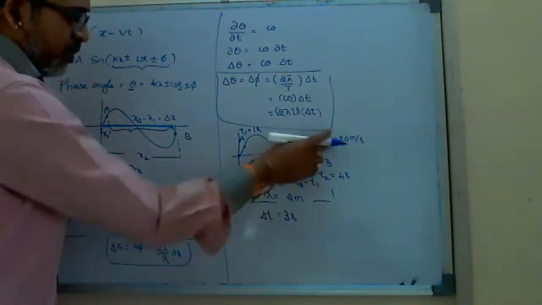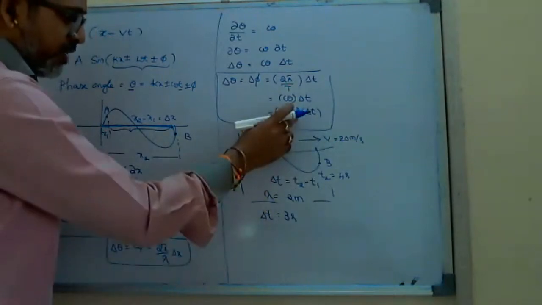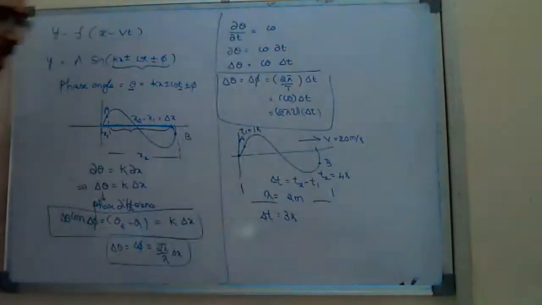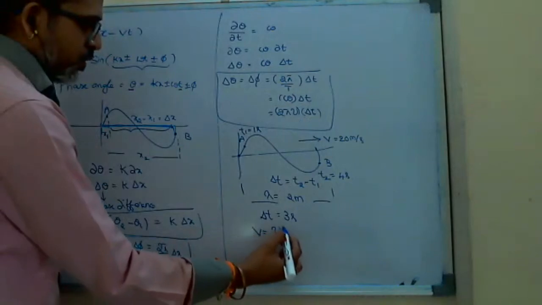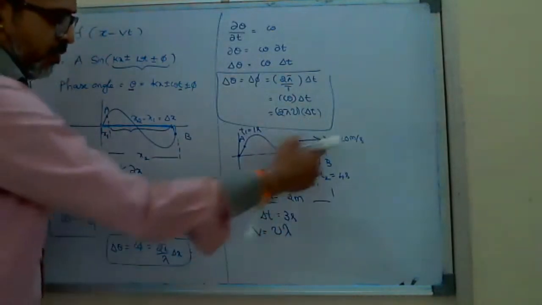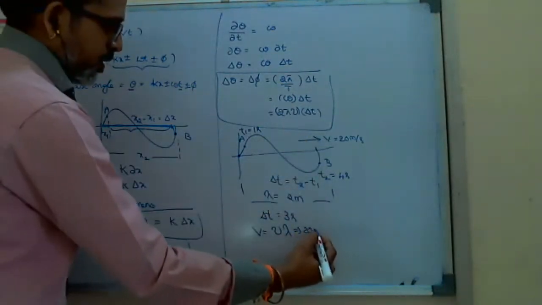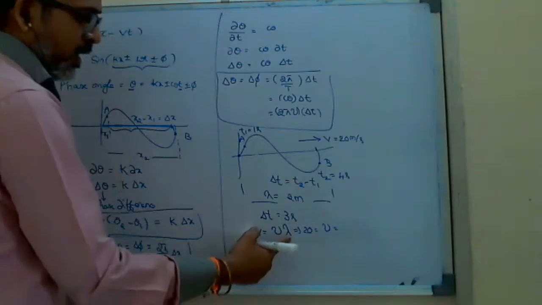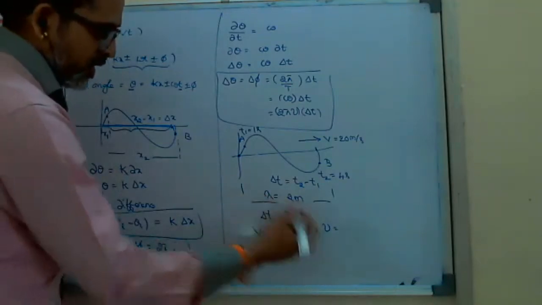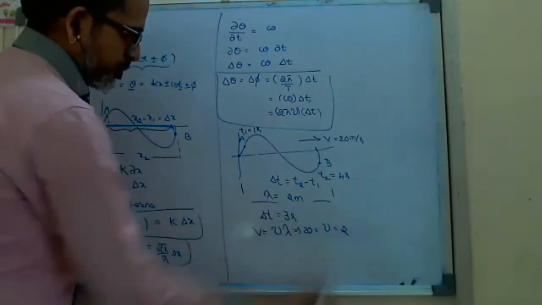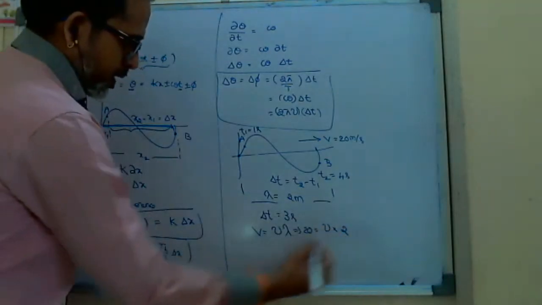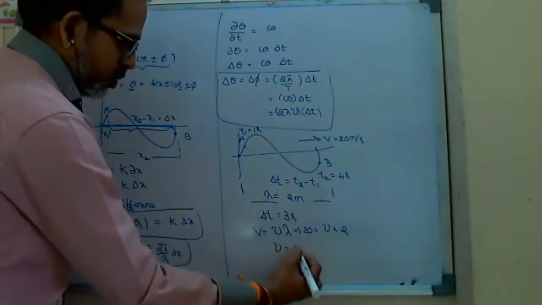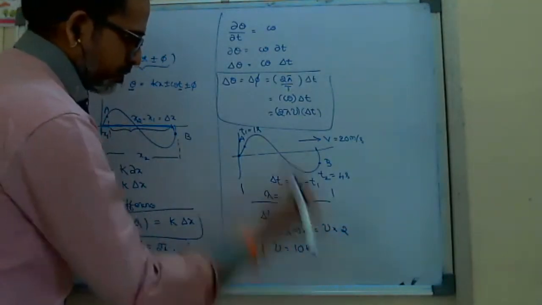From these two, if I am able to find the frequency, I can use the third equation. Using the formula v equals mu lambda, v is 20, mu is unknown, lambda is 2. So 20 equals mu into 2, then mu is 10 hertz.